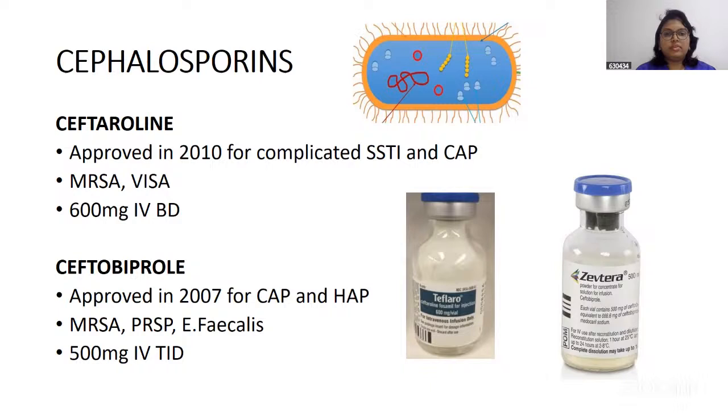It is effective against MRSA, penicillin-resistant Streptococcus pneumoniae, and Enterococcus faecalis, and is given in doses of 500 mg IV TID. Multiple studies have showed the potency and higher efficacy of these drugs for use against MRSA and VISA.